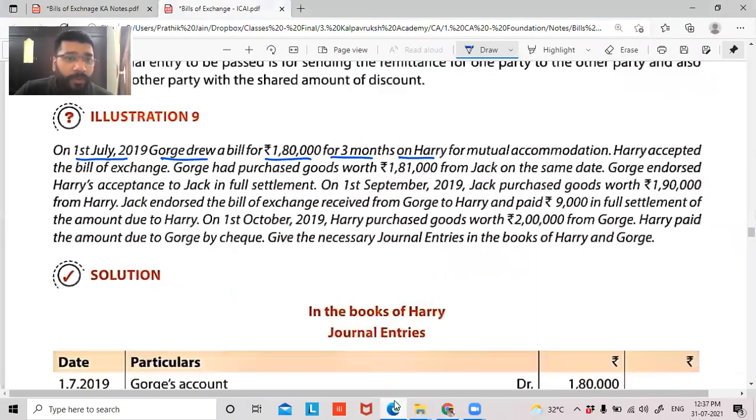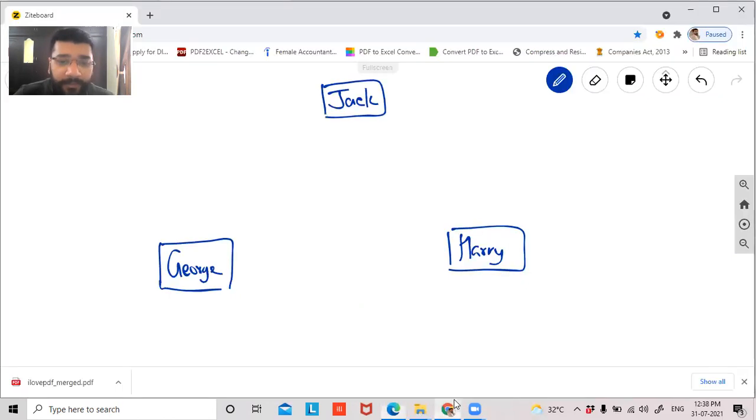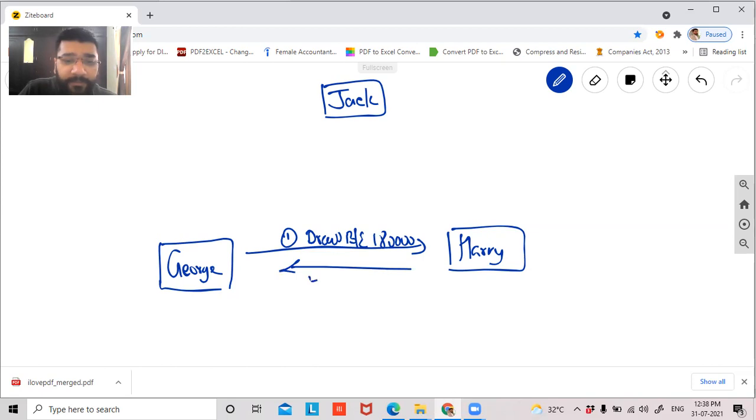Georgie is drawing a bill of 180 on Harry. So one is drawing a bill of exchange for 1,80,000 rupees, and Harry is accepting it.